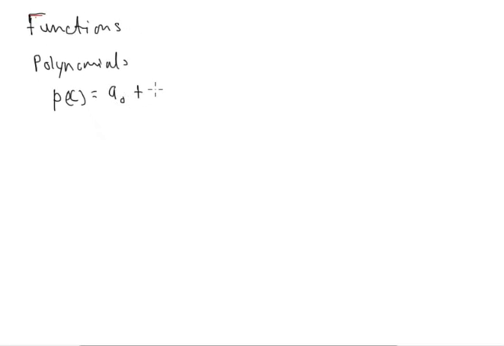a0 plus a1 x to the power 1 plus a2 x to the power 2. That will be a parabola, isn't it, when we're looking at it? Then plus dash dash dash up to an x to the power n altogether.